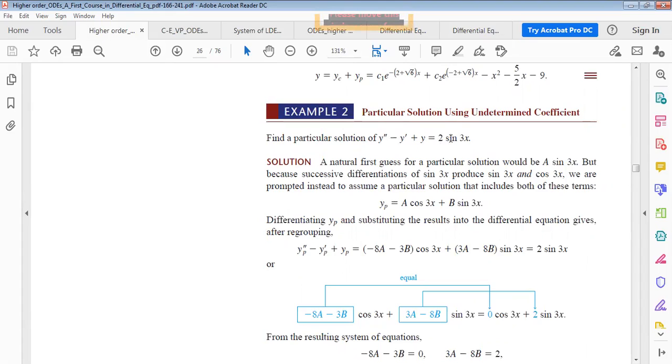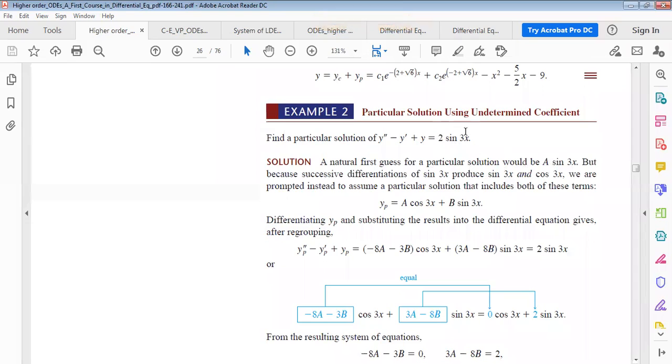This is a second order linear differential equation, and it is not homogeneous. First of all, we have to take the homogeneous form and find the complementary function. So a natural first guess for the particular solution would be a sin 3x.